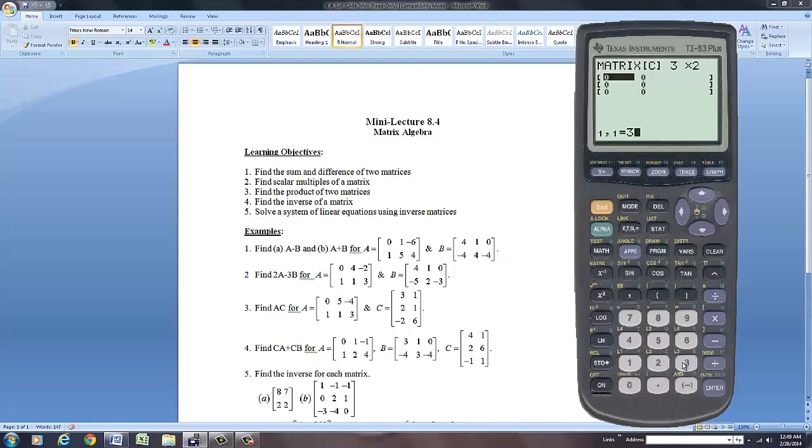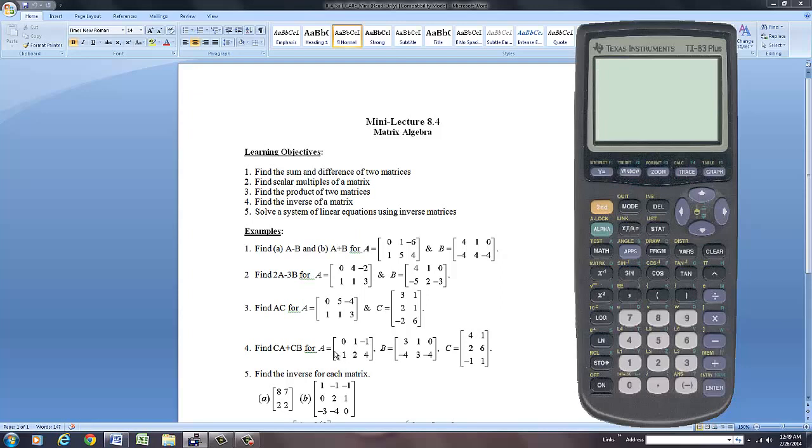So it's 3, enter, 1, enter, 2, enter, 1, enter, -2, enter, 6, enter. Okay, then we quit.